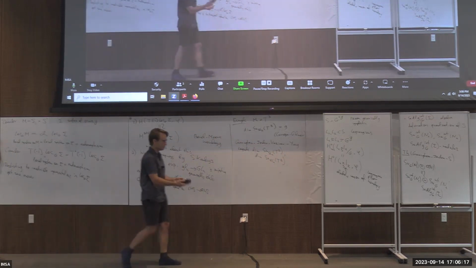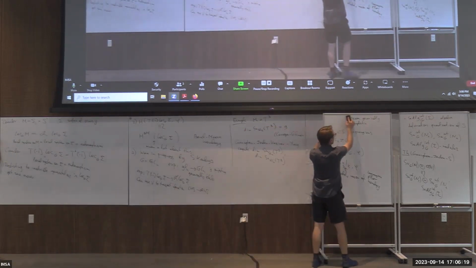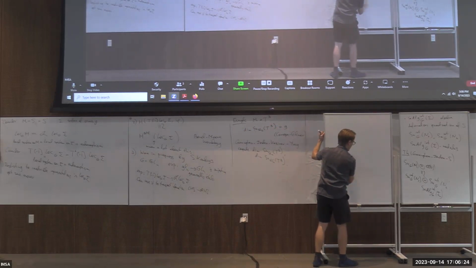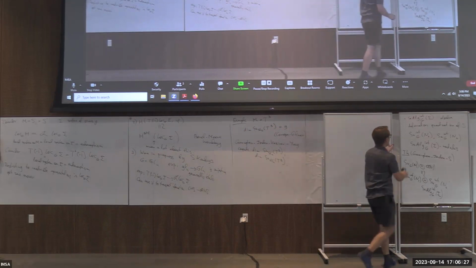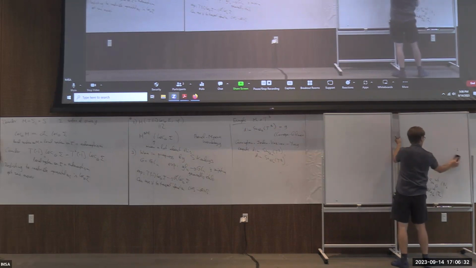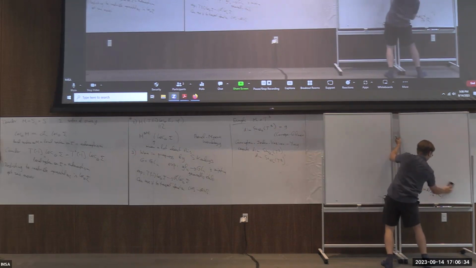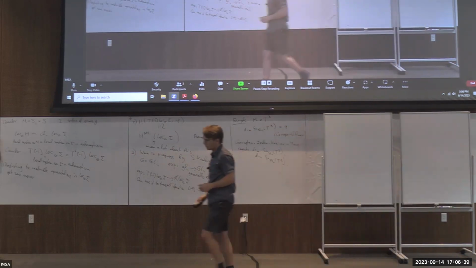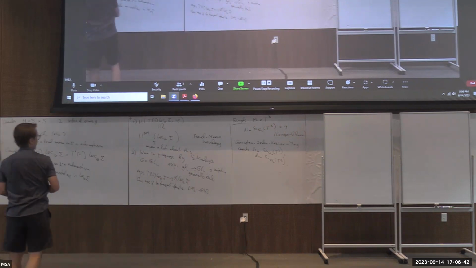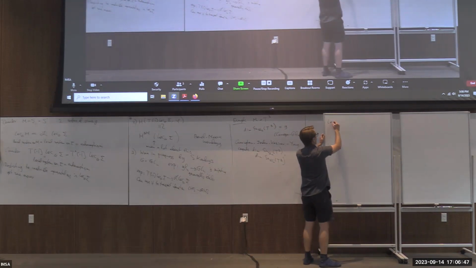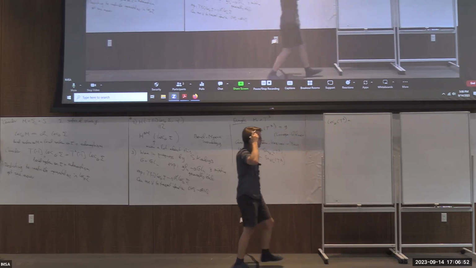So let me explain what's going on with this cohomological Hall sheaf. First of all, let's understand the character stack.